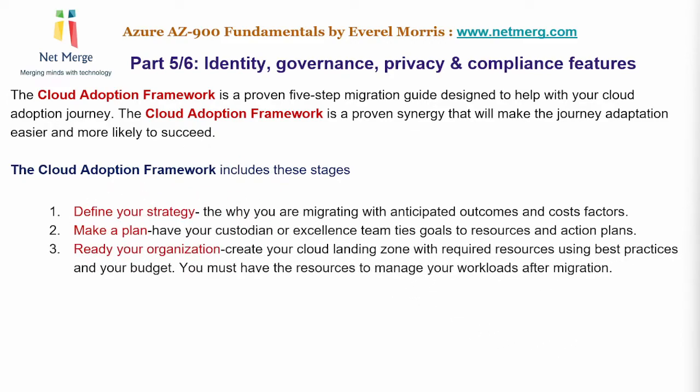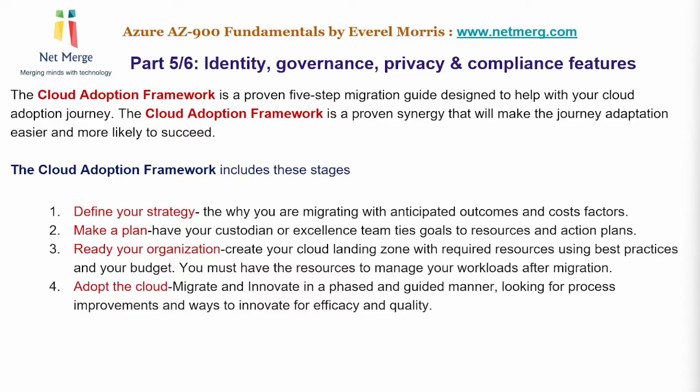You want to ready your organization. You want to create a cloud landing zone, so to speak, with required resources using best practices and the right budget. You want to plan properly for your workload so that you don't have any failures or hiccups in your transition. You also want to adopt the cloud. You want to migrate and innovate at the same time. So while you're migrating, if there's any innovative means or efficiencies that you could capitalize on, you want to do it at the same time.